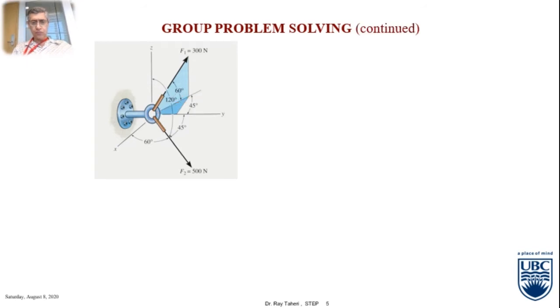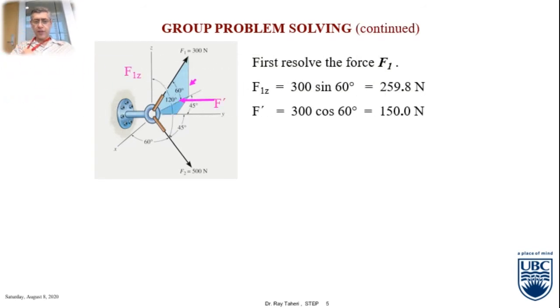So here is F prime, here is F1z. F1z obviously is 300, the magnitude, sine of 60 or cosine of 30. F prime, which is the projection of F1 on the XY plane, is the magnitude cosine, and this is this magnitude, right?